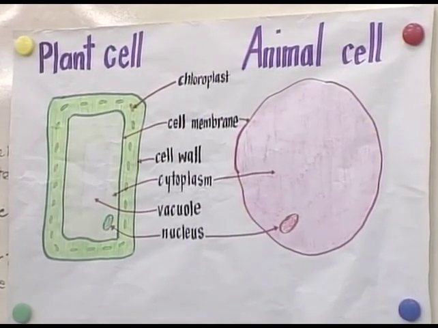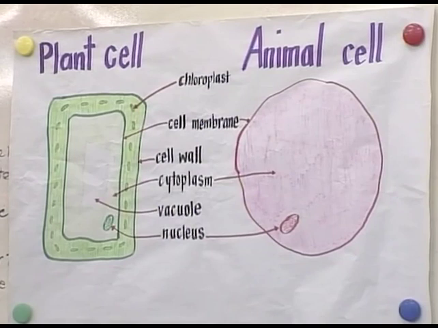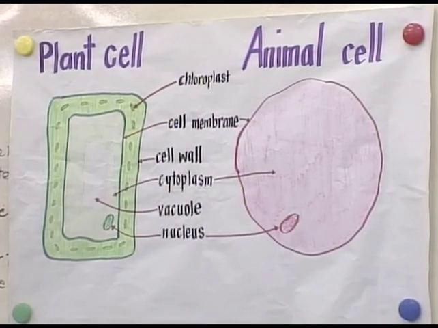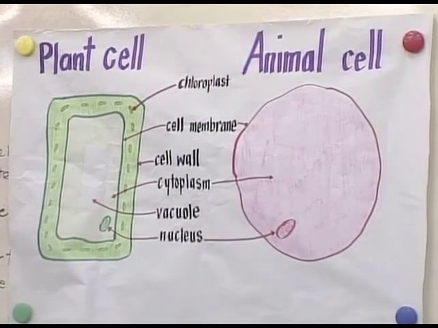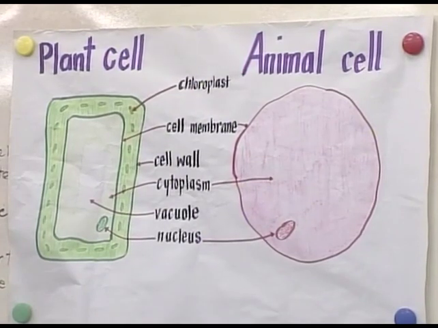Anything different from the plant cell and the animal cell, or the parts of it? Look at the parts of it. Tell me, someone in the class. Hands up. One thing different that you can see from these two different cells. One is the animal and the other one is the plant cell.